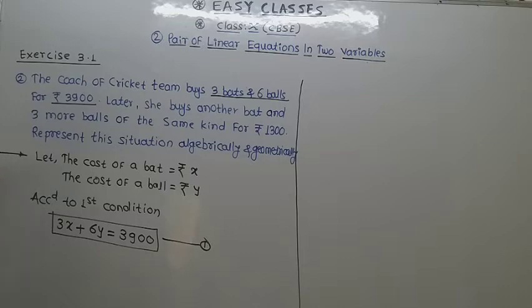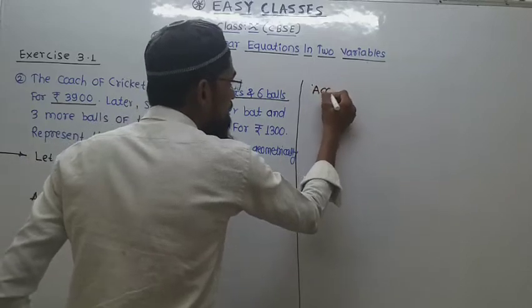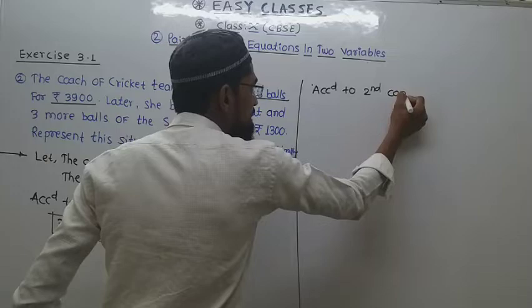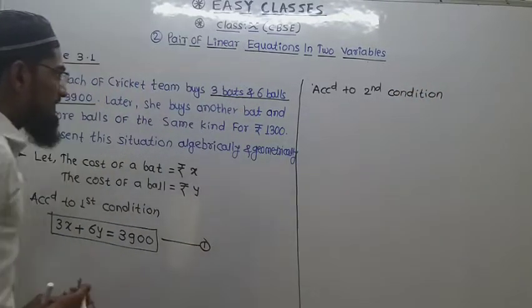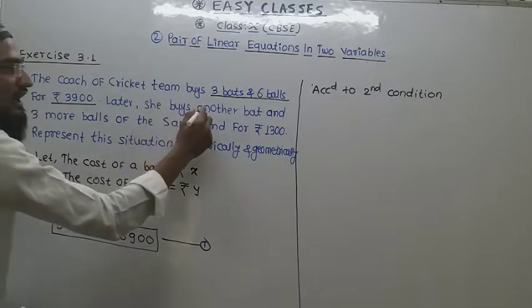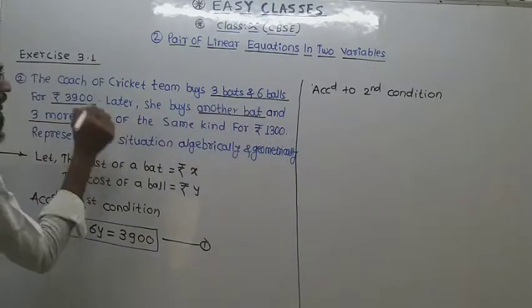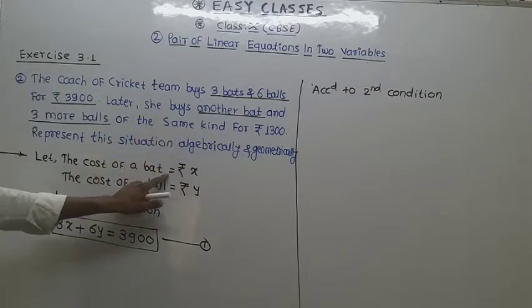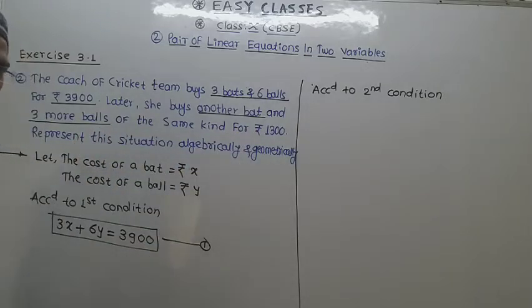Now, according to the second condition, what is that? She buys another bat, means one bat, and 3 more balls of the same kind. Same kind means the same cost, for rupees 1,300.